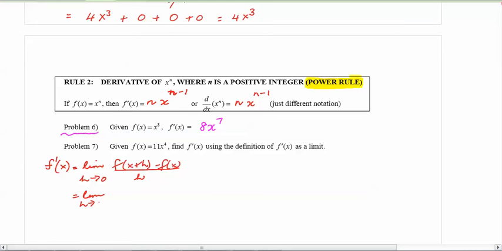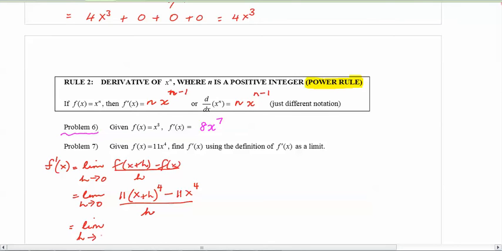For this particular function, it gives 11 times the input. So when the input is x plus h, we're going to get 11 times the input to the 4th power. Minus f of x is 11x to the 4th. And it's all over h. Okay? Now, instead of expanding x plus h to the 4th like I did in the previous example, I'm going to resort to a little bit of algebraic cunning.